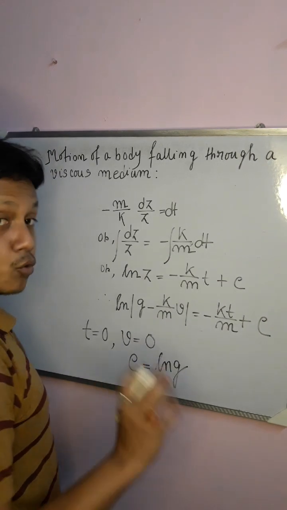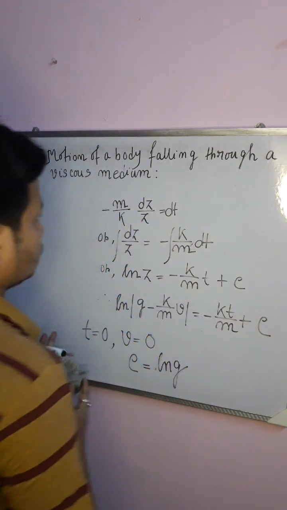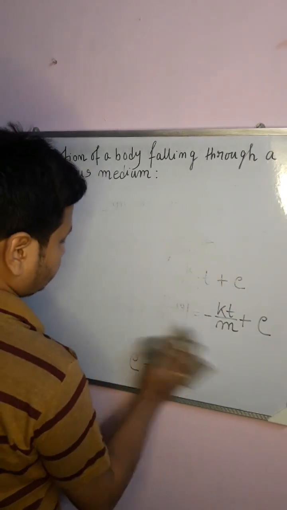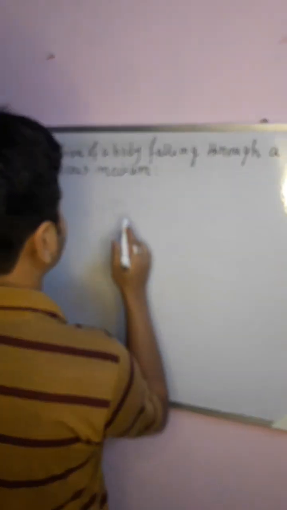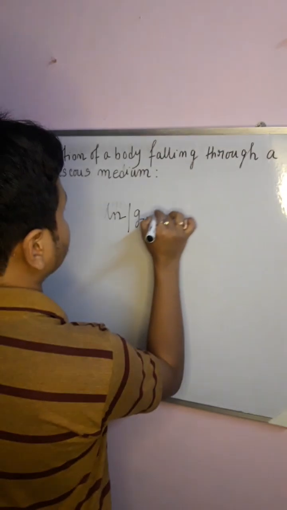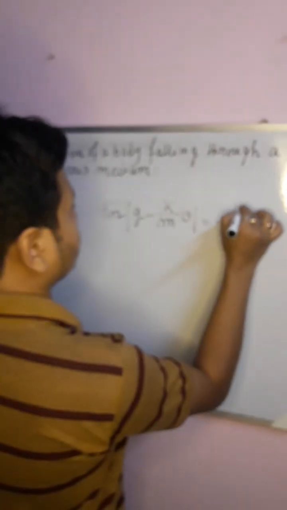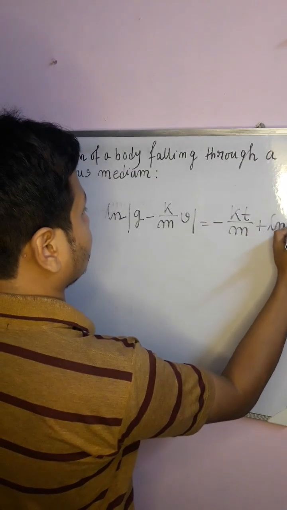Now we substitute the value of c in this equation. We get ln(g minus k by m into v) equals minus kt by m plus ln g.